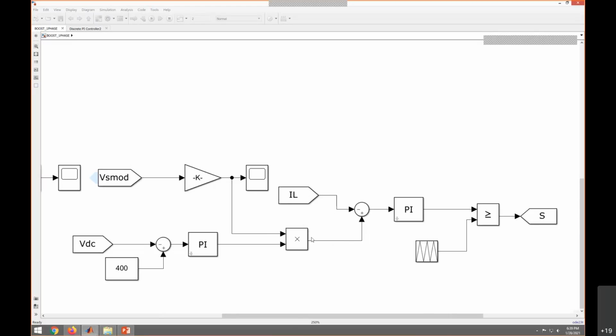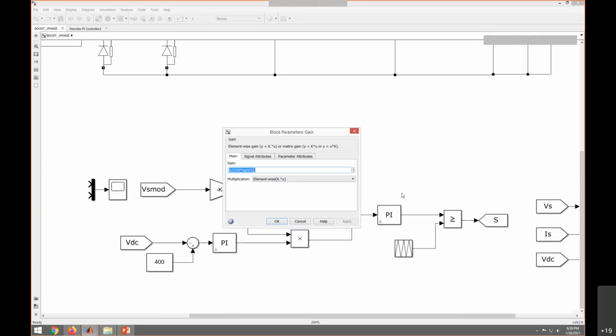We compare the reference inductor current with the actual inductor current, IL actual. After that I implemented a triangle carrier current controller.